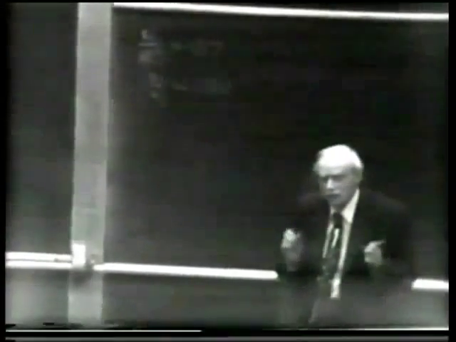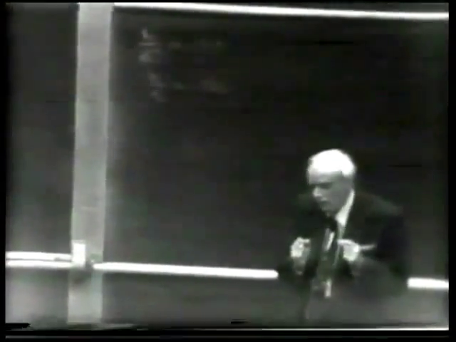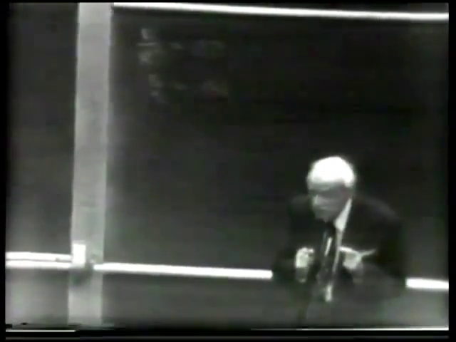Now there's another one of these dimensionless numbers which I would like to call to your attention. Take the electron and the proton in the hydrogen atom and consider the ratio of the electric force between them to the gravitational force. These forces are both inversely proportional to the square of the distance.